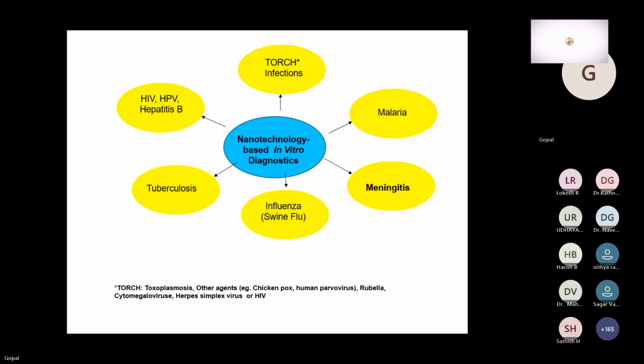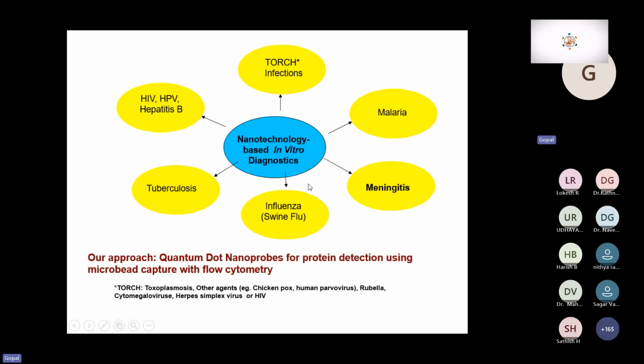Okay, then you can see where it is used: heart infections, malaria, meningitis, influenza, tuberculosis, HIV, HPV. Okay, these are some of the things. I don't limit these applications to this. It is beyond that. Okay, quantum dot nanoprobes for protein detection using microscope structure, flow cytometry, all are working.